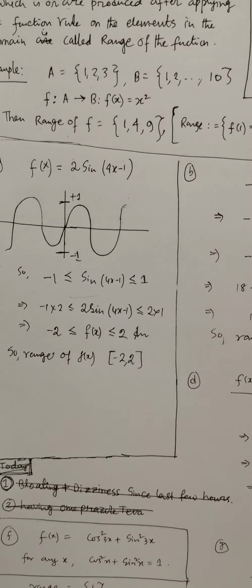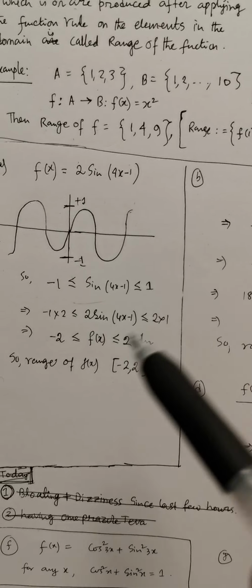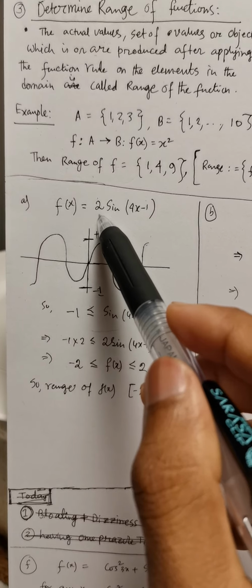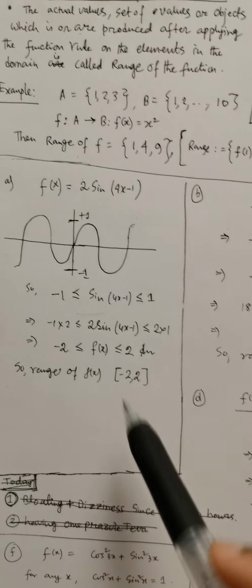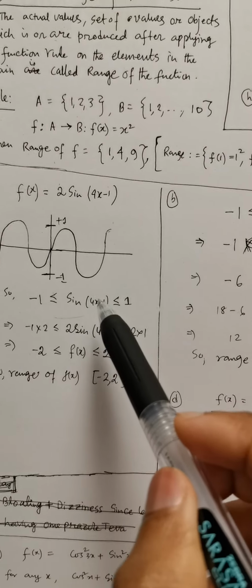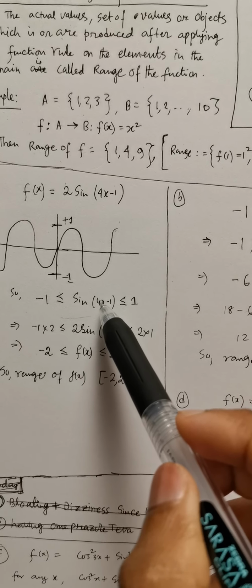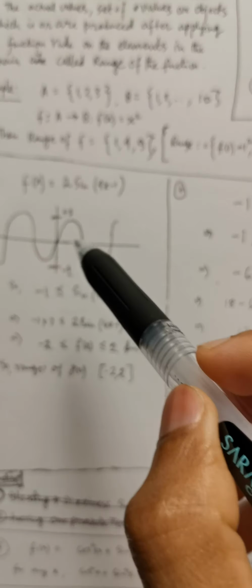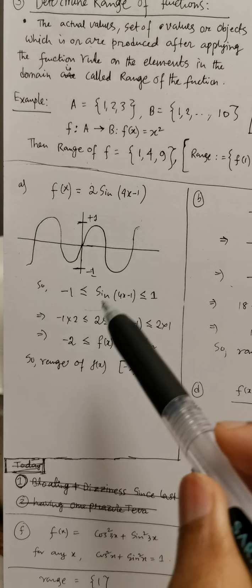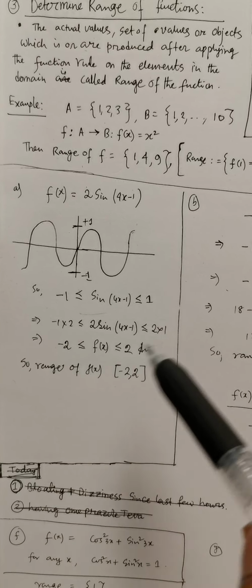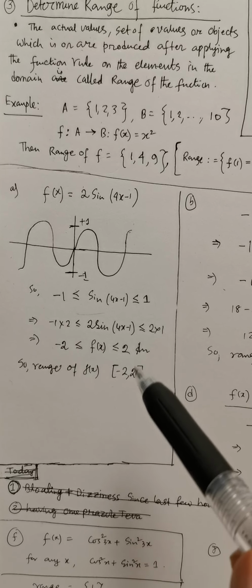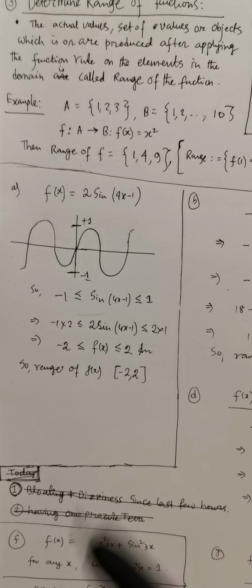Now your function is 2 sine of whatever. So -1 is less than or equal to sine of whatever, which is less than or equal to +1. Multiply both sides by 2, and you get this. So the range becomes the closed interval -2 to 2.